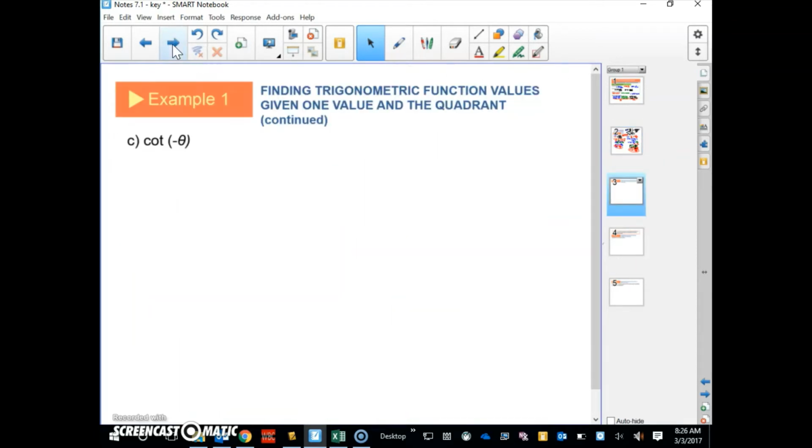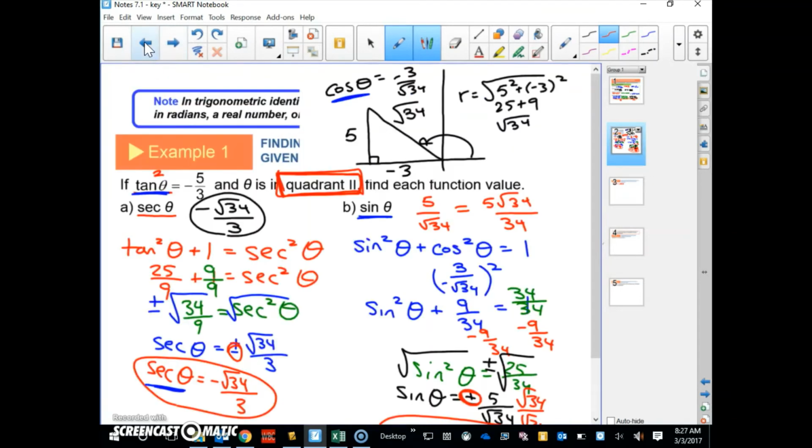So let's look at part C, cotangent of negative theta. Now, remember your negative angle identity. Cotangent is an odd function, and when you've got an odd function, you're allowed to just pull that negative out. So negative cotangent theta. We're still in example 1, so we've still got all the same given information. Remember how we knew tangent at the very beginning? Tangent was negative 5/3.